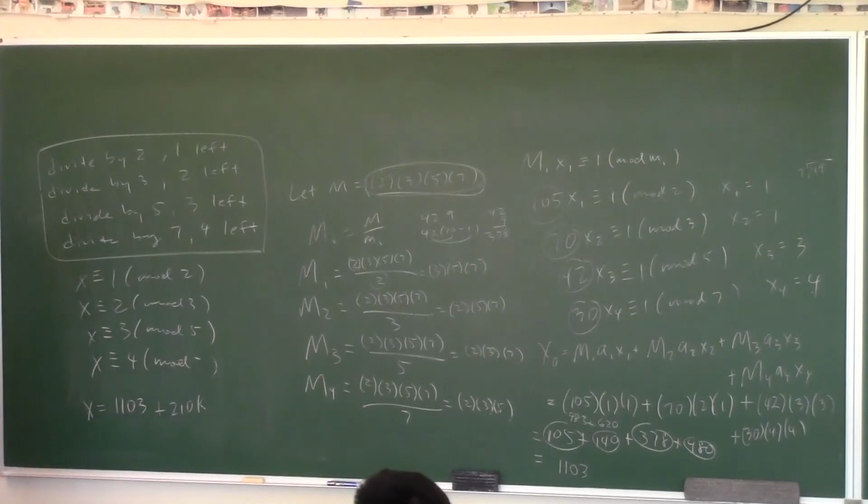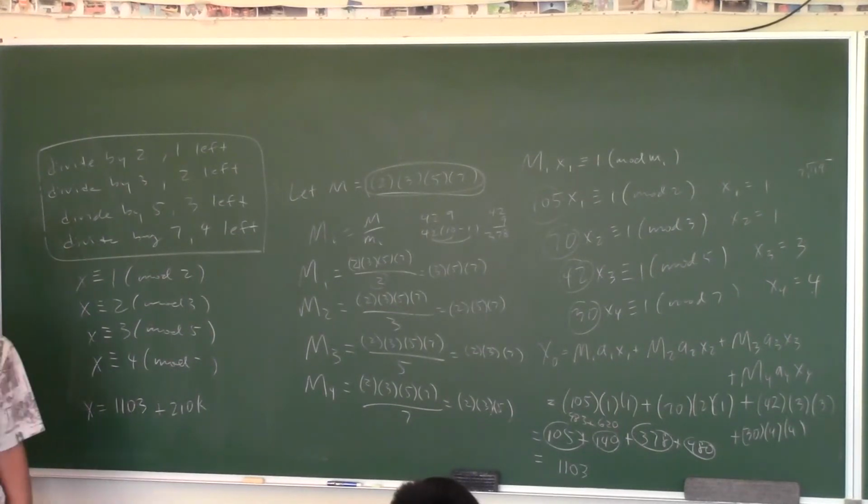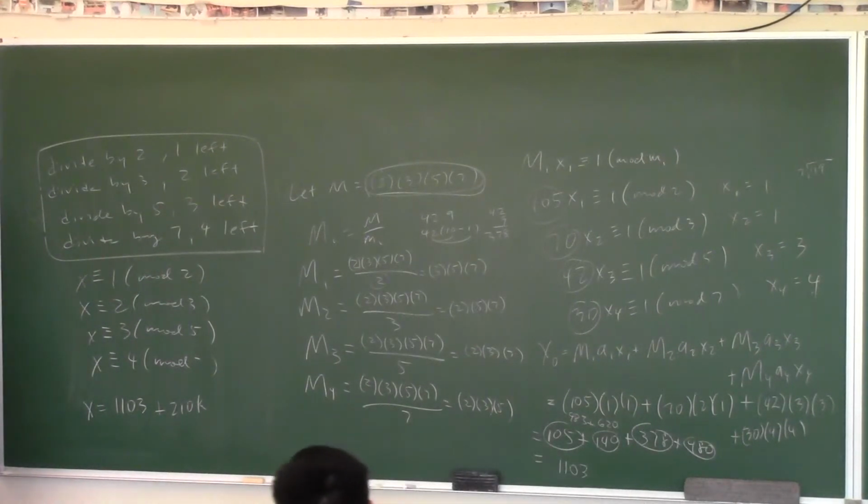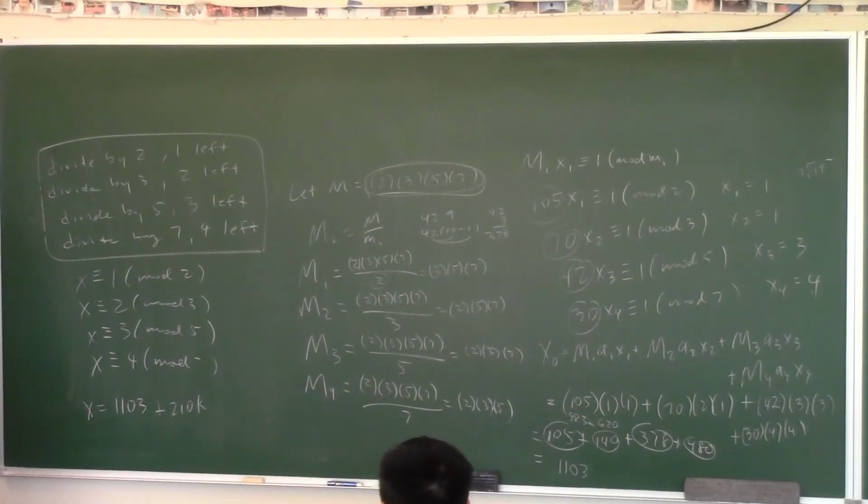So, therefore, what is the smallest number that satisfies these four properties here? 1103, plug in 0. No, not 1103, because what if k is -1 or -2? Oh, k is an integer.